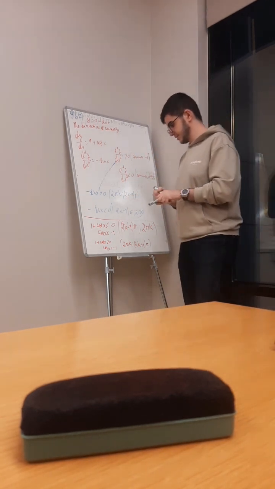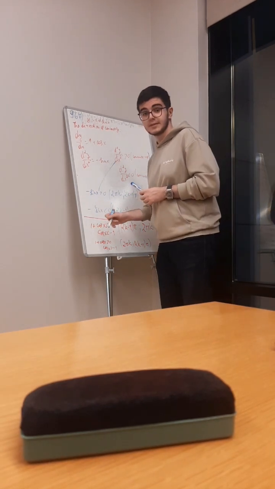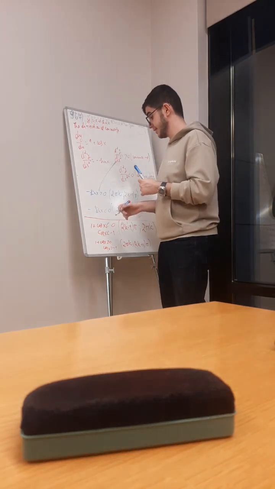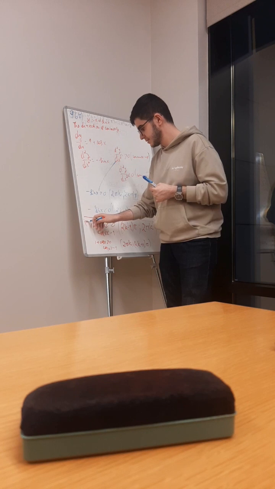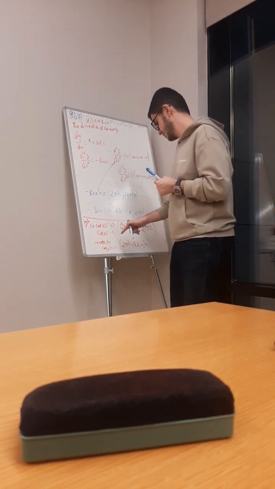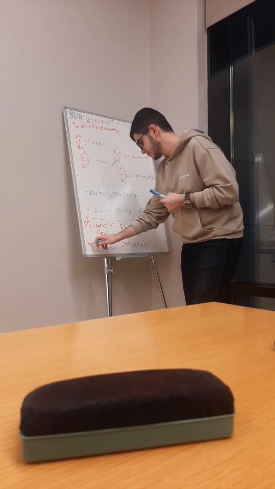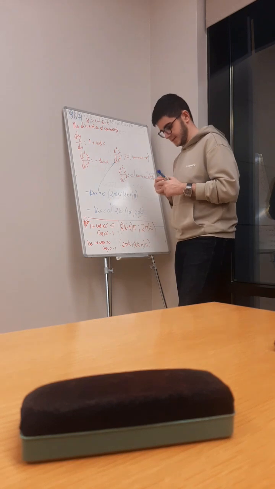Also in there I forgot to write, they asked to find where this function is increasing or decreasing. In here you have to mention increasing or... no, in here, sorry, decreasing.